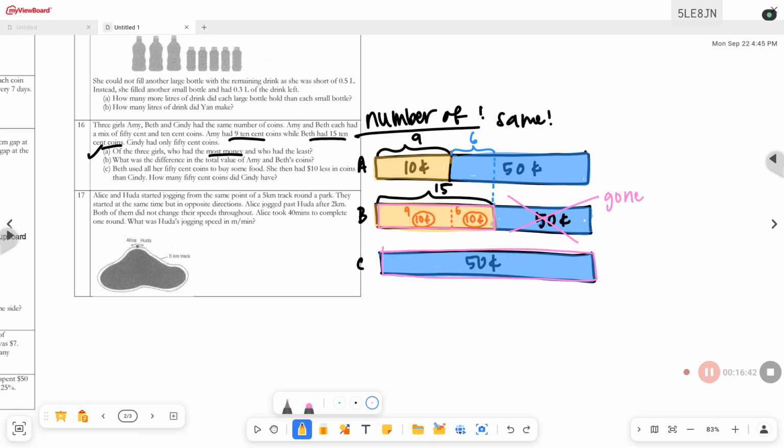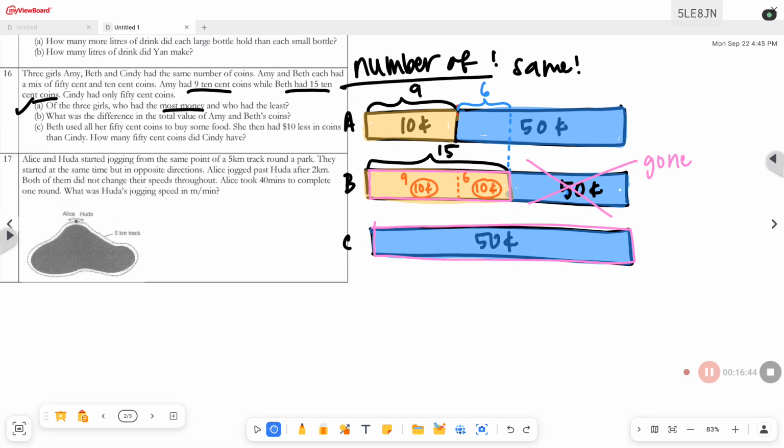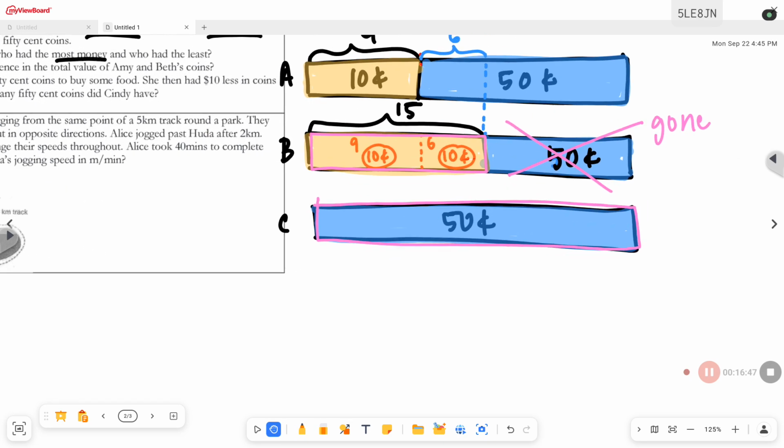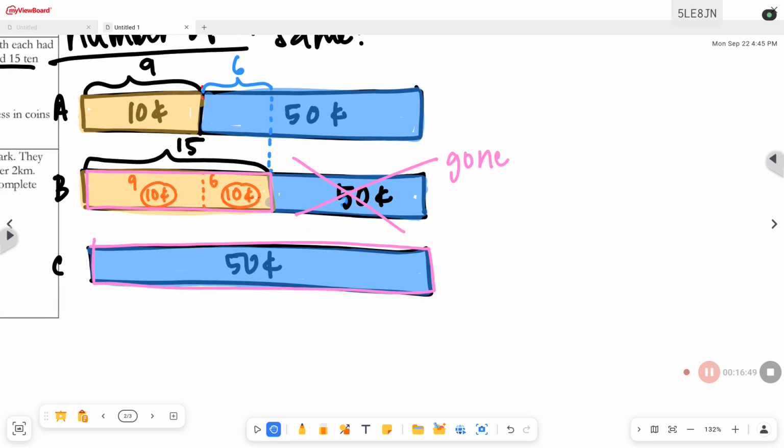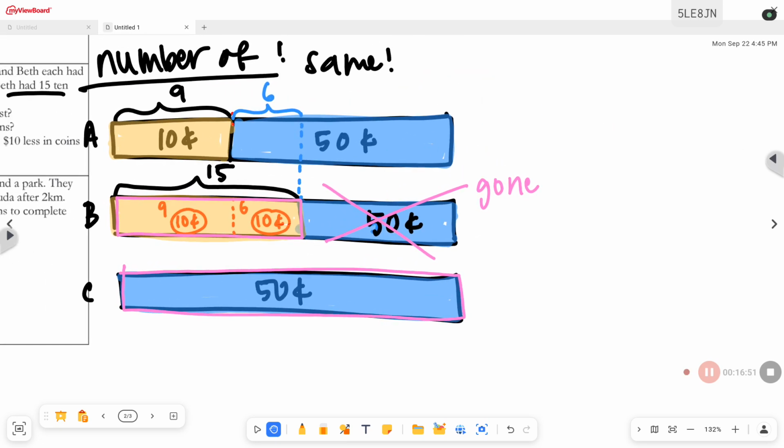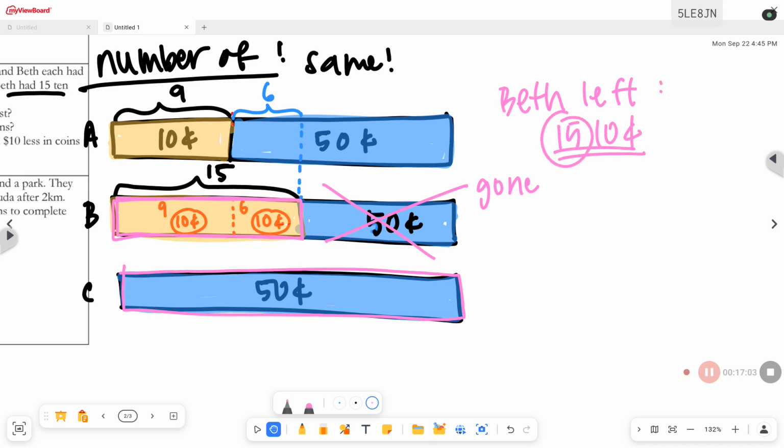So Cindy has everything. And they say that Beth has $10 less. Now, what does that mean? It means that now Beth is only left with this part here, correct? Which is 15 10-cent coins.